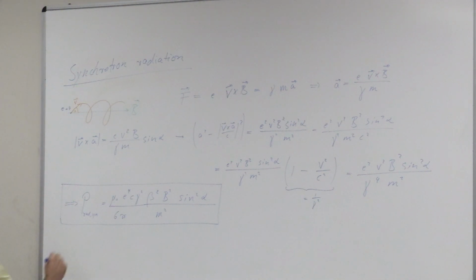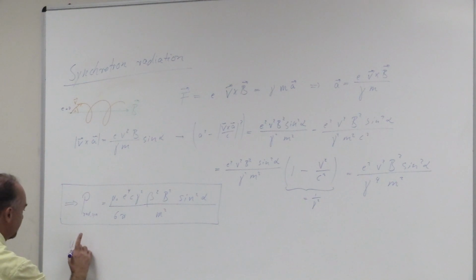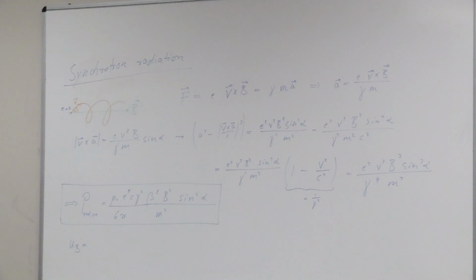First of all, let's bring in the energy density in the magnetic field. What's the energy density in the magnetic field, in SI units? Remember, the energy density in the electric field was epsilon naught E squared over 2, right?